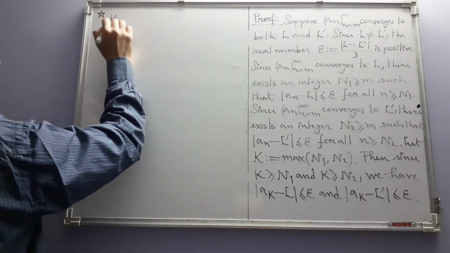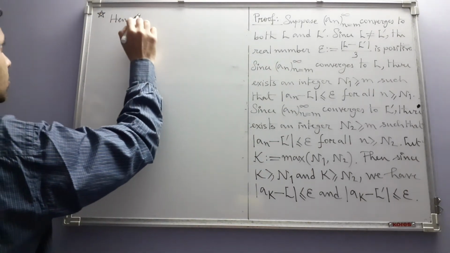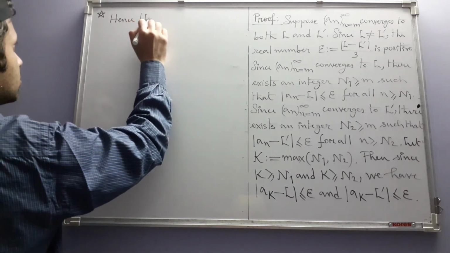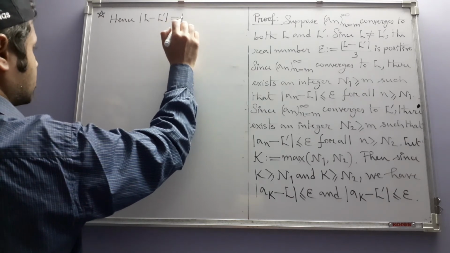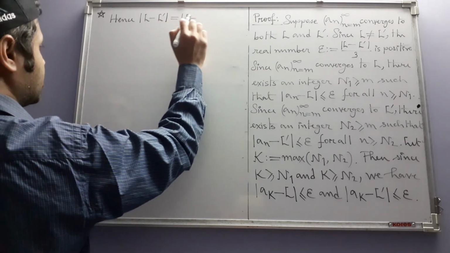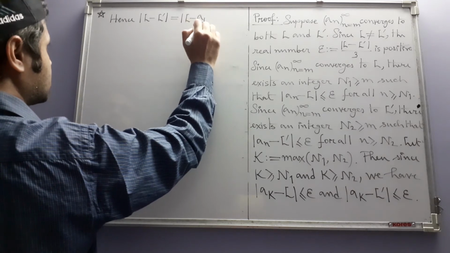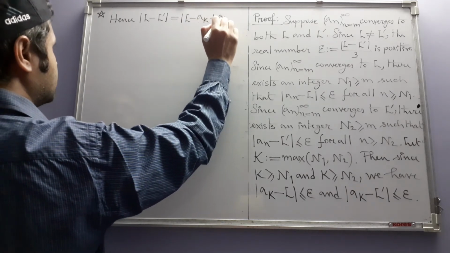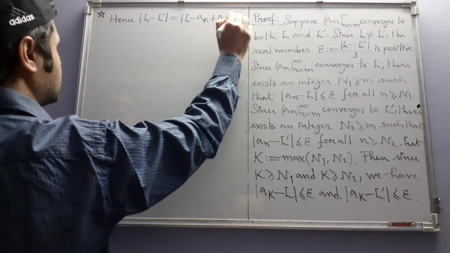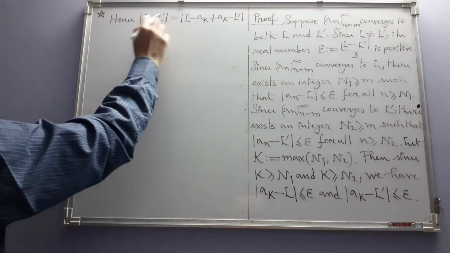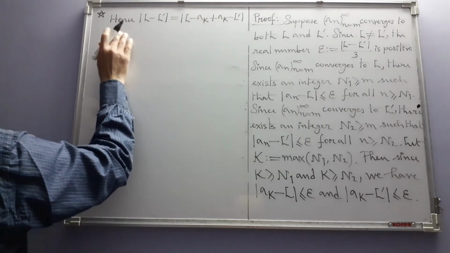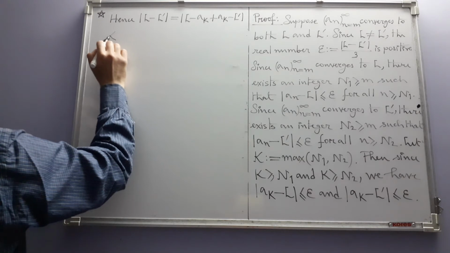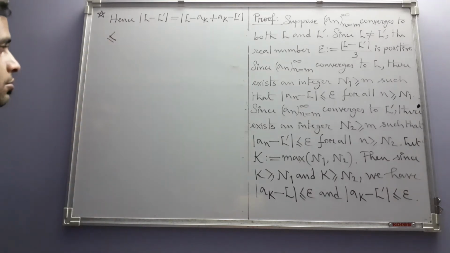Hence, we will use the triangle inequality, but let us just first bring the term a_k. This step is obvious because these two things cancel each other. Now we use the triangle inequality that we know is true for the absolute value function.